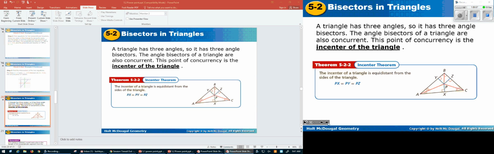In this problem made by angle bisectors, that point of concurrency is our second special point, has a special name. It's called the incenter. So circumcenter is perpendicular bisectors. Incenter is the point of concurrency of the angle bisectors. Okay, point of concurrency of the angle bisectors. So we're going to call this point right here the incenter.